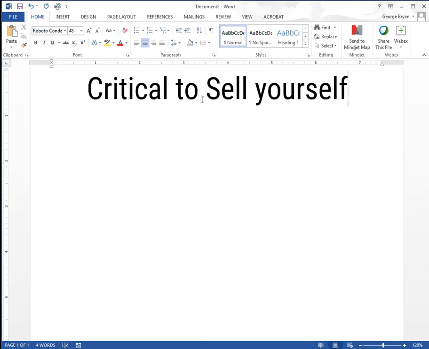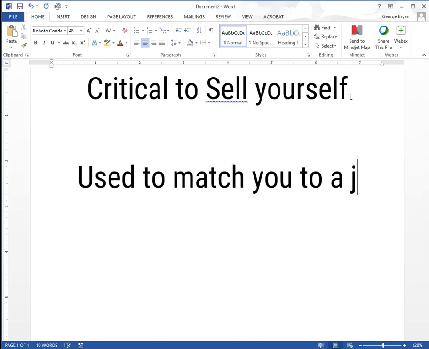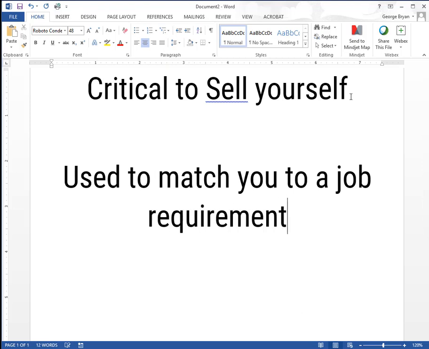It's what we use to apply for jobs. It's what a recruiter, not just a recruiter, but recruiters and hiring managers will look at to determine if you might be a good candidate for a job, right? So it's used to match you to a job requirement.